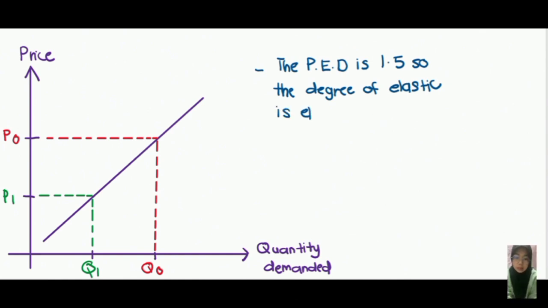The PED is 1.5, so the degree of elastic demand.